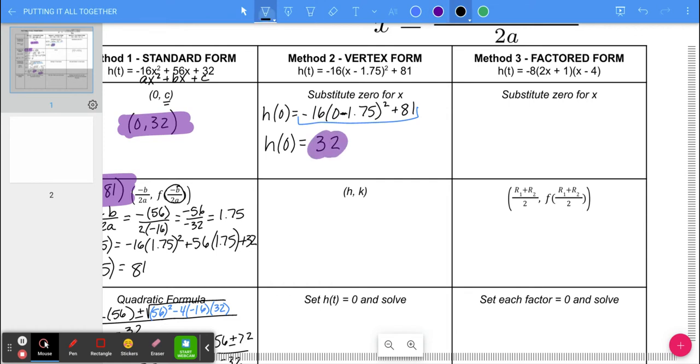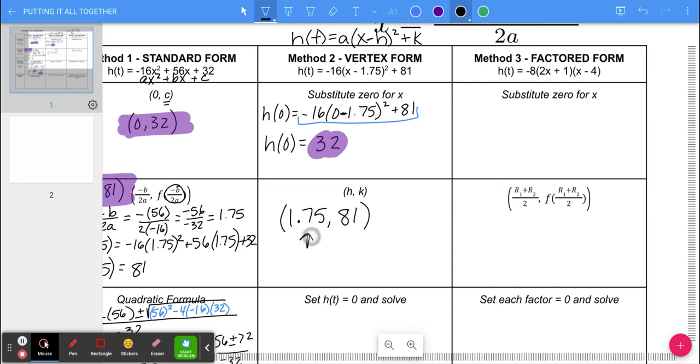The nice thing about vertex form is we have our vertex. So remember, vertex form is a(x minus h) squared plus k, and (h, k) is your vertex. So our vertex is just 1.75 comma 81.